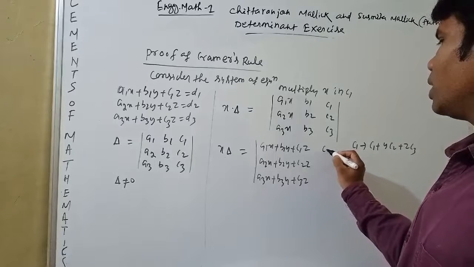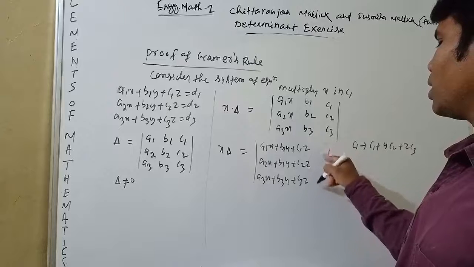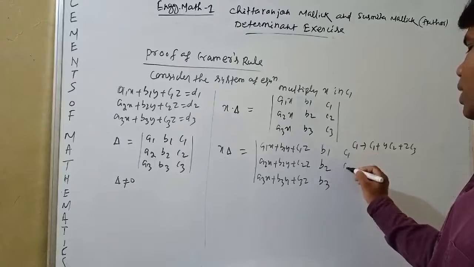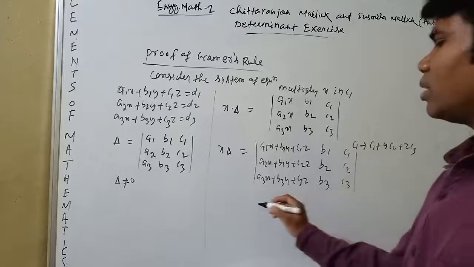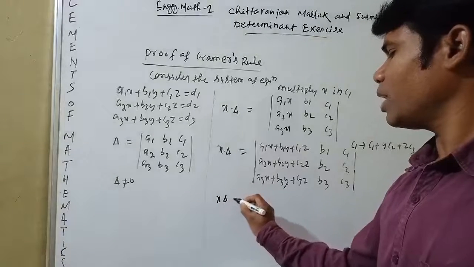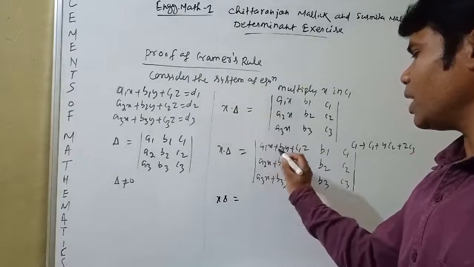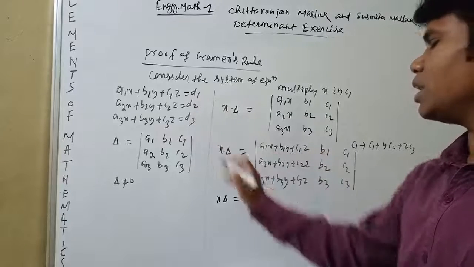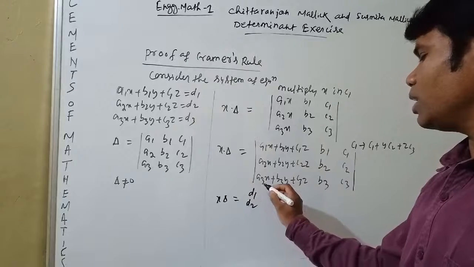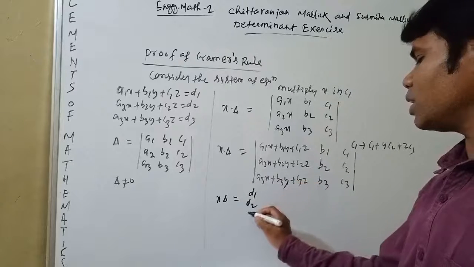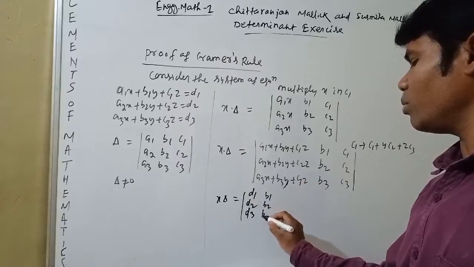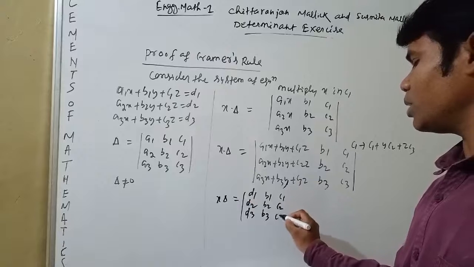You see x into del is equal to the determinant with a1x plus b1y plus c1z, that is d1, a2x plus b2y plus c2z, that is d2, a3x plus b3y plus c3z, that is d3, then b1, b2, b3 and c1, c2, c3.